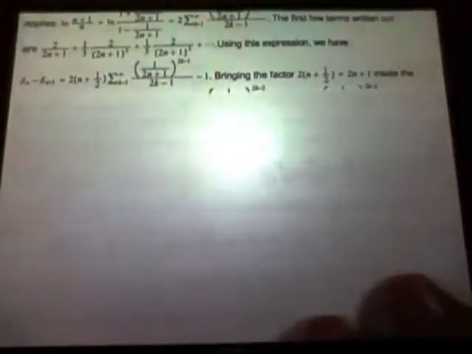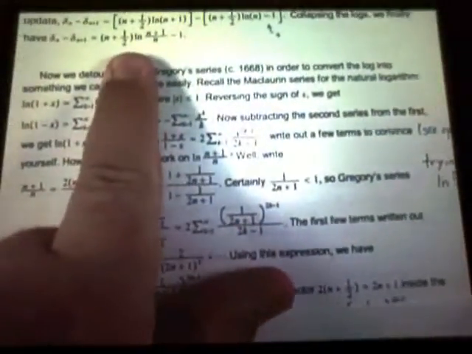Okay, delta n minus delta n plus 1 is, okay. Yes, so now we put this sum into this, right here. So we have the 2 that comes out front, and we have the n plus 1 half, the sum, and there's the x.